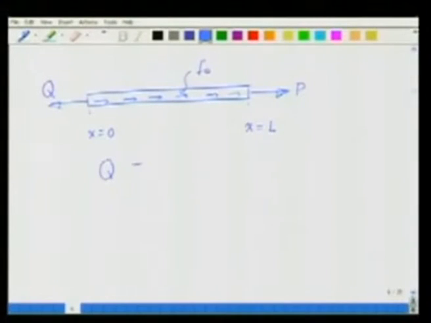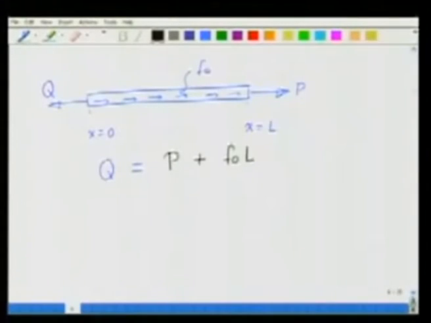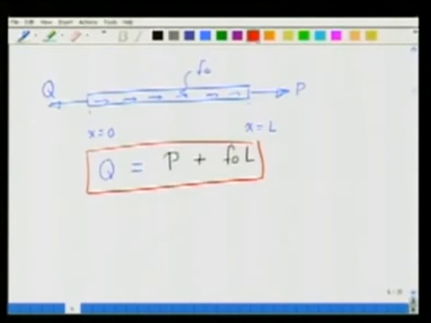Q is equal to P plus F naught L, because in this case our F naught is constant intensity distributed load. Okay, this we will call the so-called consistency condition. That is, the load has to be consistent to give us static equilibrium.